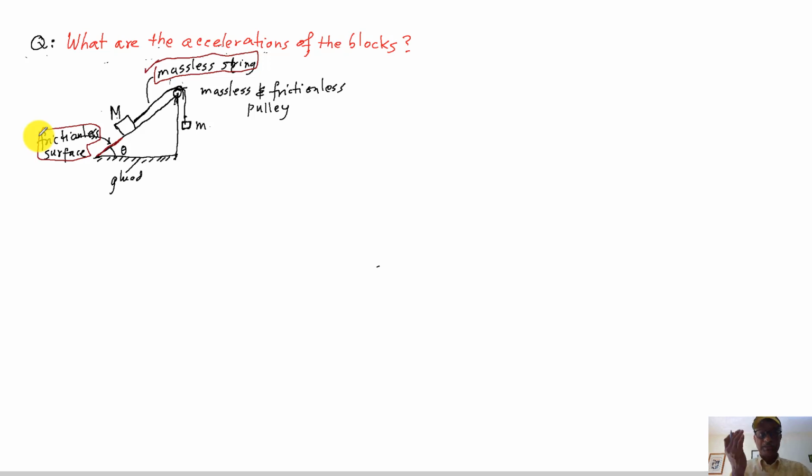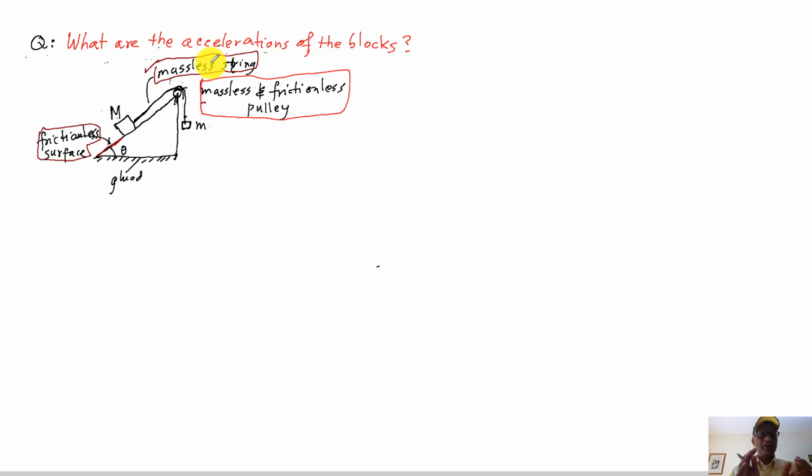The third very critical assumption we are making here, and I will prove it at the end of today, is a common assumption made in pulley problems when we are not interested in the rotation of the pulley. Then we usually factor out the pulley and separate it from the rest of the problem.